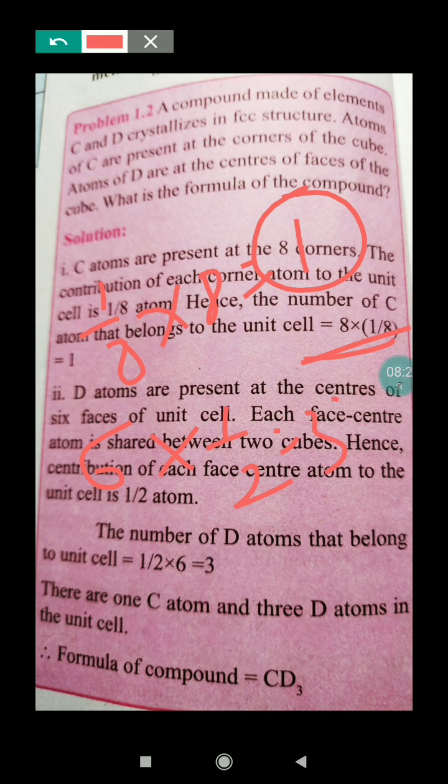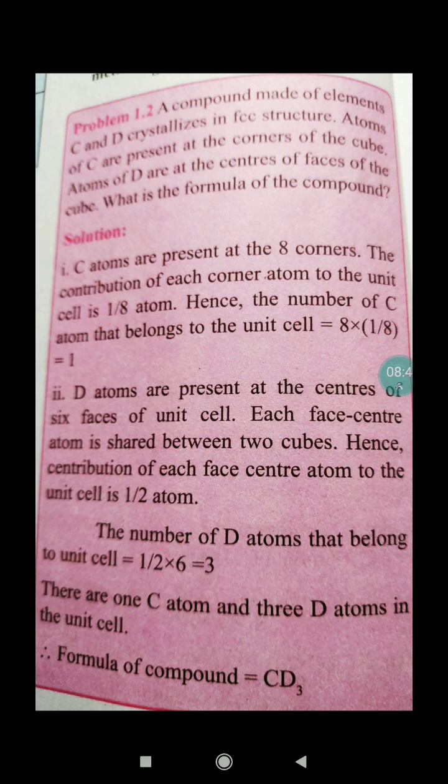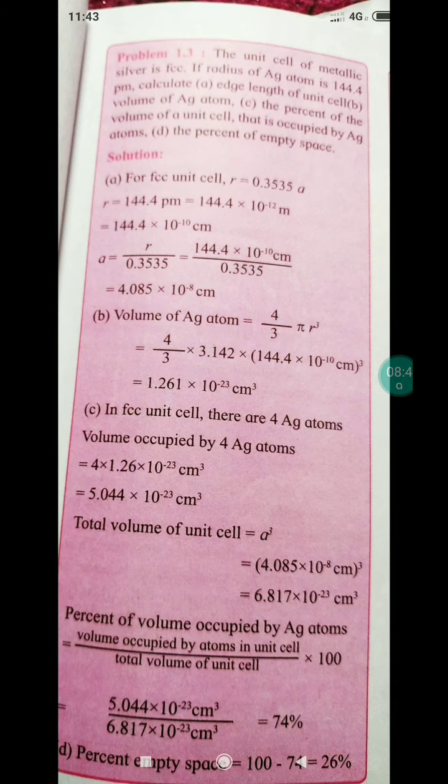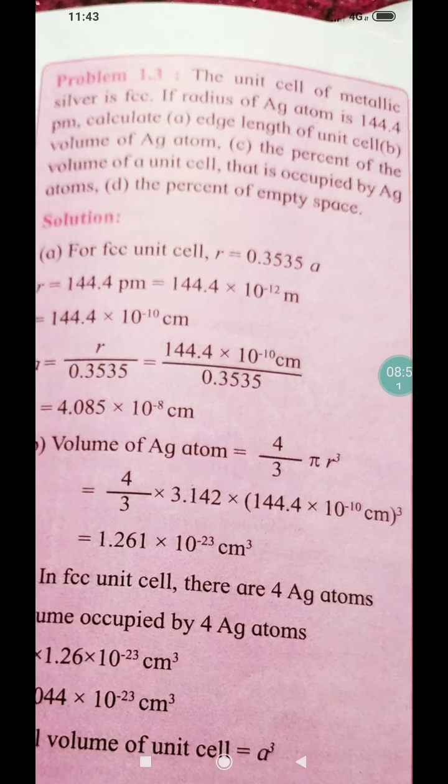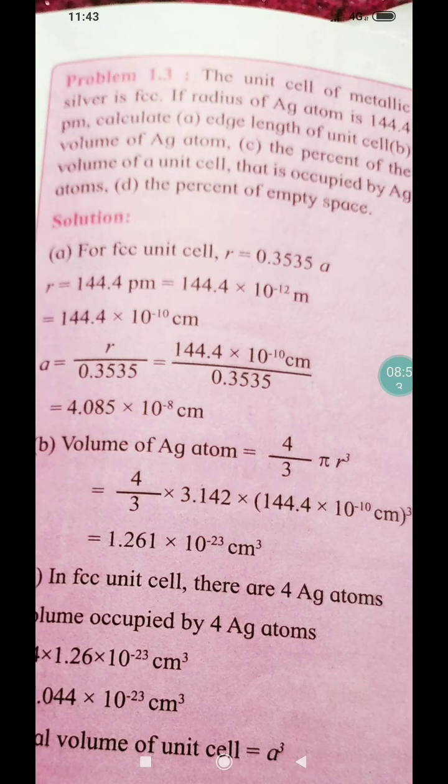So the number of D is 3, and that's why the formula of the compound is C1 D3, that is CD3, just like AlCl3.